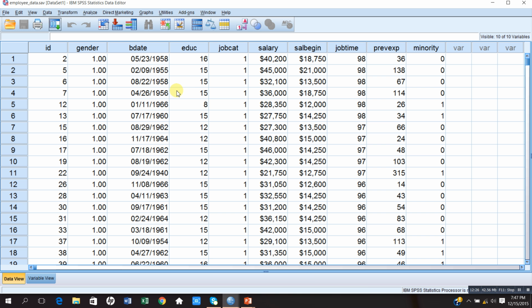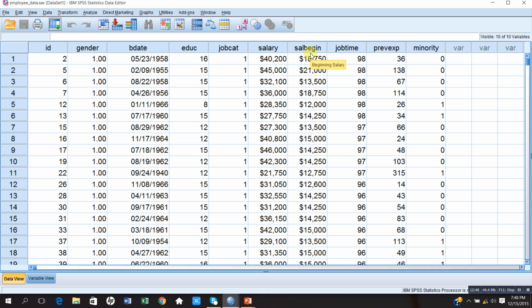So let me tell you how we can compute the paired sample t-test. Let us suppose these are the two variables. This is the beginning salary, maybe from 5 or 10 years before, and this is the current salary, and I want to see the difference between the two. My null hypothesis is that the average of the current salary and the average of the beginning salary are the same. There is no difference.